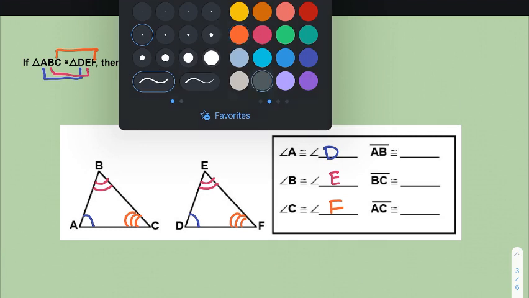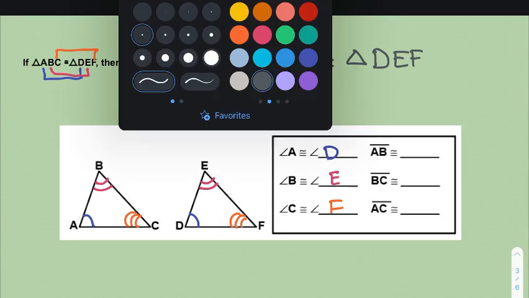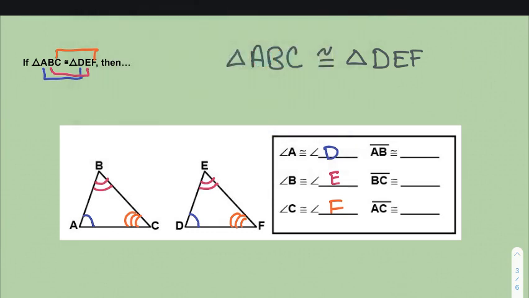So let's look now at our sides. So again, we have triangle ABC is congruent to triangle DEF. So much like I had done with our angles matching the letters, we can do the same thing for our segments. If we're looking at the segment AB, it's going to line up with DE.